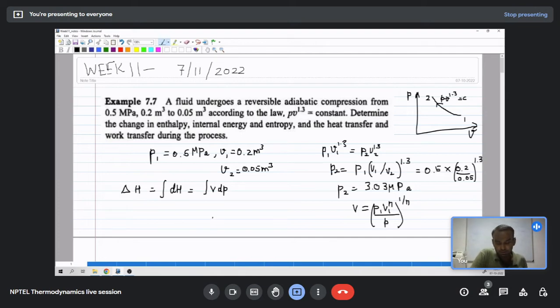Substituting the value of V in this expression, P1 V1 power n is a constant, so this can be taken out of the integration, and within the integral we have dP divided by P power 1 by n.